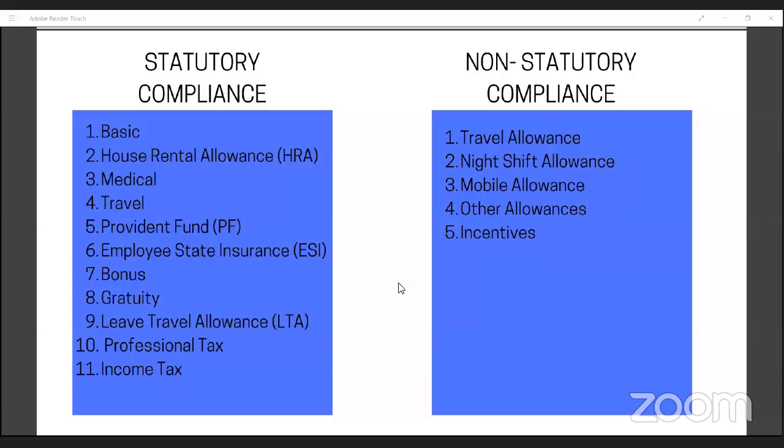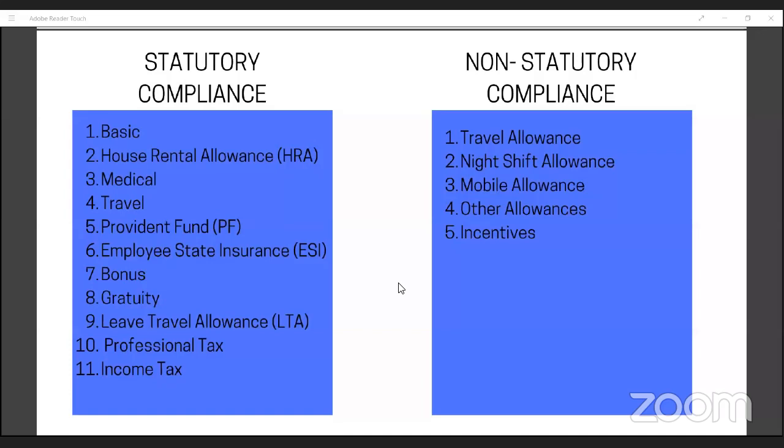So many people consider bonus, from an employer perspective, as something like an extra income, or an extra benefit that a person is giving. So that is when most of us get confused whether bonus is a part of benefit or compensation.